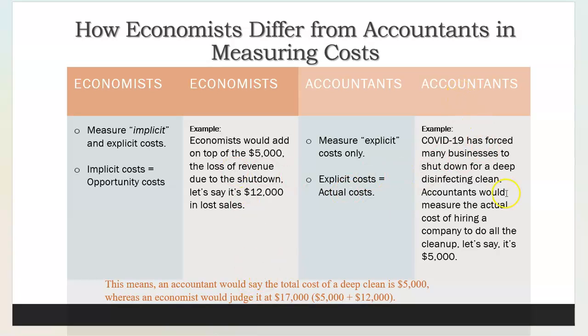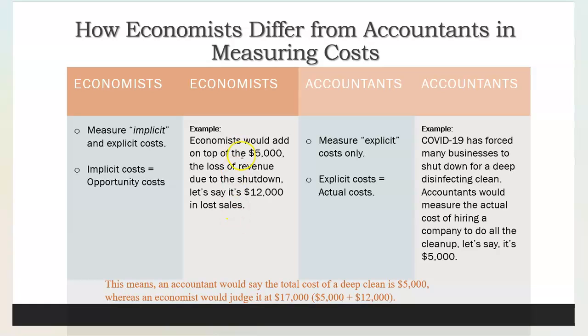Let's look at accounting for a minute. Let's take COVID-19. COVID-19 has forced many businesses to shut down for a deep disinfecting clean, right? If you ask an accountant how much that deep disinfecting clean is going to cost, they're going to say, well, you're going to hire a company to come and do it, and the bill is $5,000. Therefore, your costs are $5,000. If you ask an economist, is my bill $5,000? The economist is going to say, what will this shutdown cost you in could have earned but didn't? Would have benefited, but now it's been foregone.